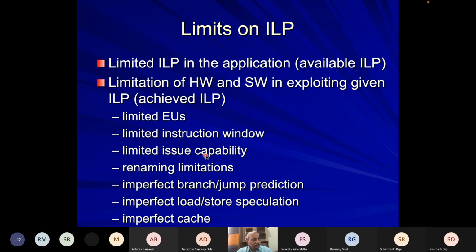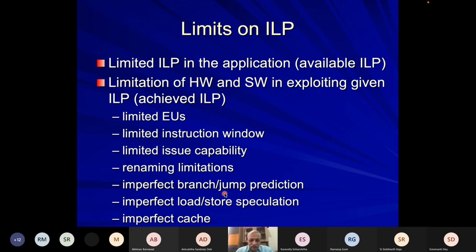There are sometimes false dependencies which you can eliminate by renaming the variables. Okay, so there would be some limitation on that. And as I mentioned, you do prediction of branch and jump instructions. So that has its own imperfections.